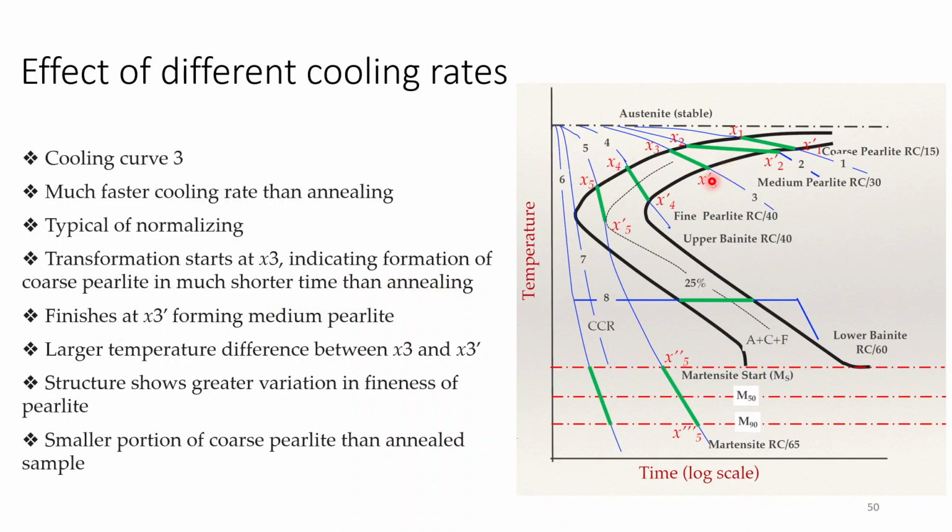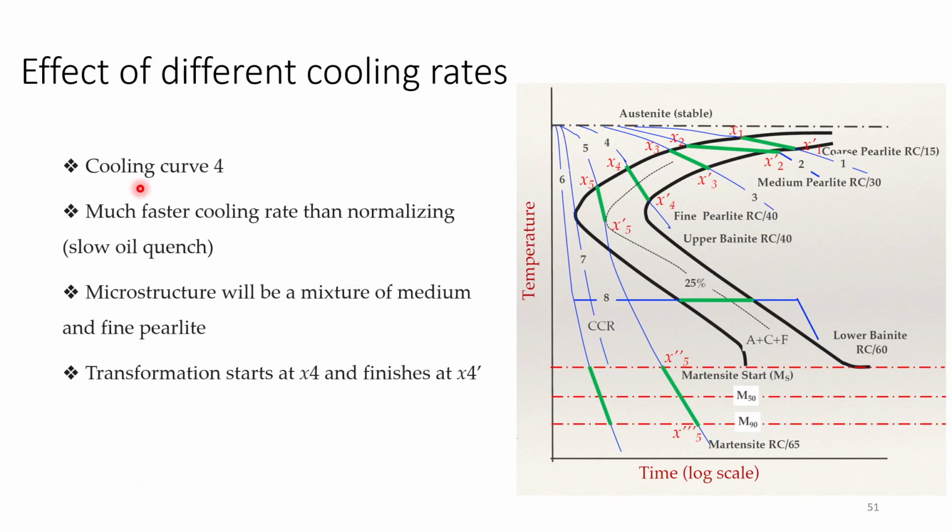It finishes at x3 dash, forming medium pearlite. Okay, and it has larger temperature difference between x3 and x3 dash. The structure shows greater variation in fineness of pearlite and smaller portion of coarse pearlite than the annealed sample.